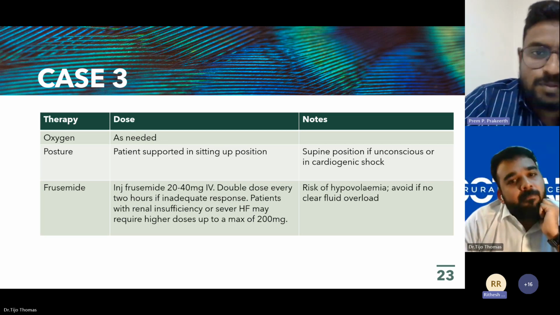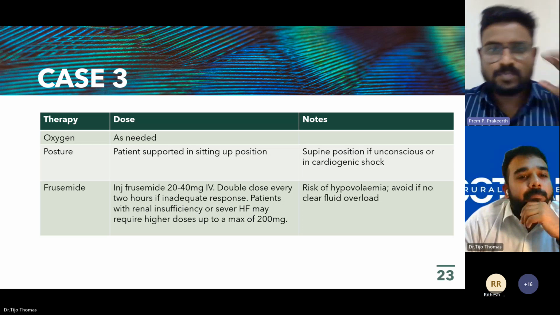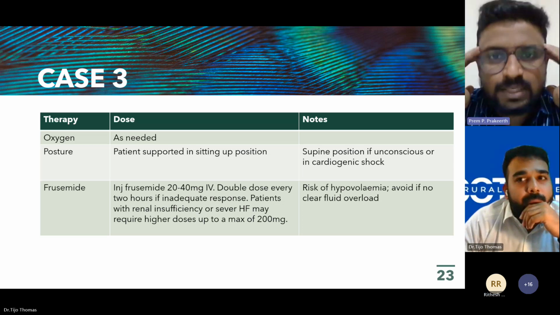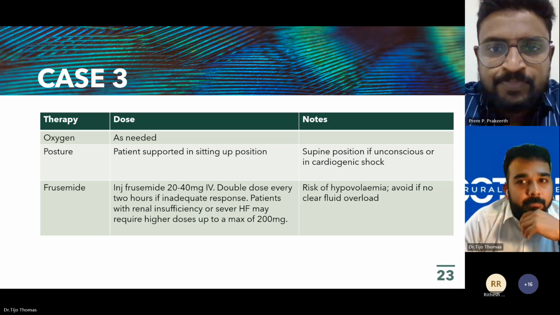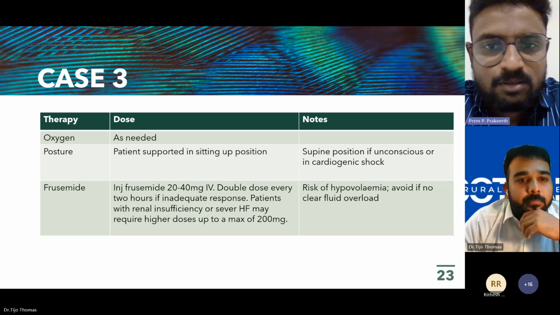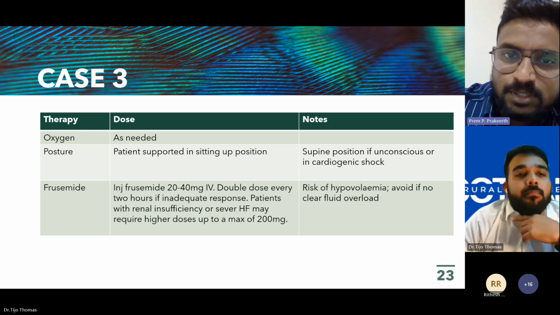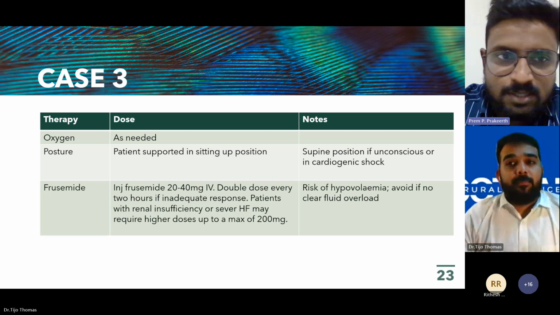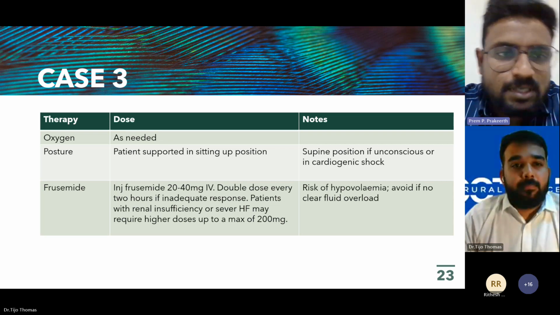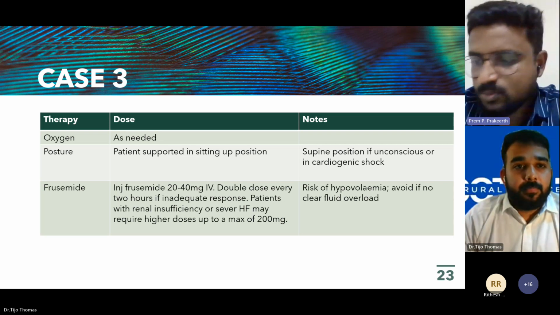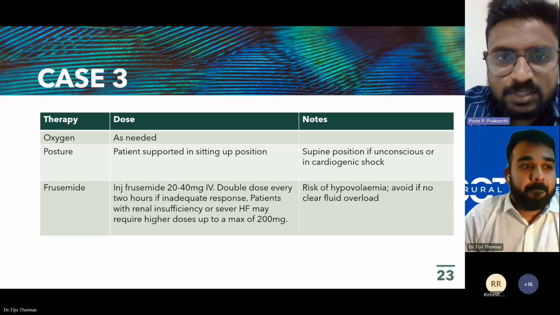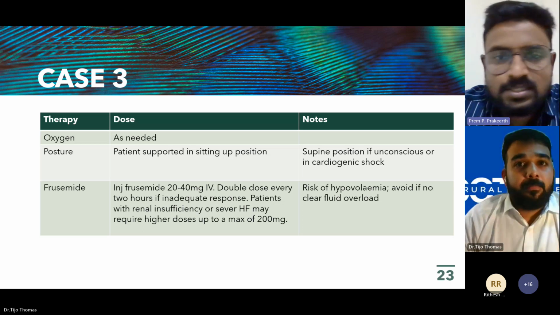It doesn't have any role. In acute decompensated heart failure, the mainstay is only diuretic. In chronic heart failure, all your other drugs, your ACE inhibitors, ARBs, beta blockers, ivabradine, digoxin, levosimendan, everything comes into play. So in acute heart failure, the mainstay is diuretic.